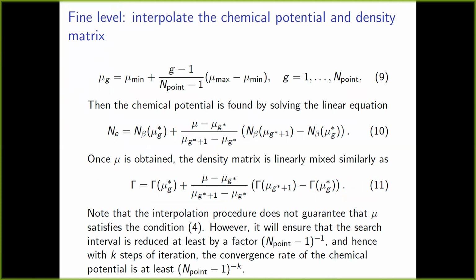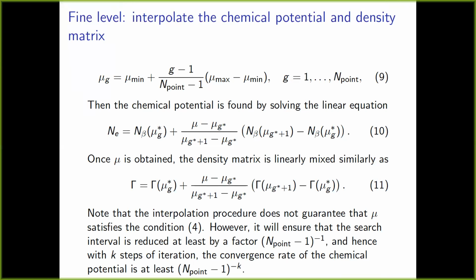Because we only do one PEXSI iteration in the current robust version of PEXSI, we need to do an interpolation of the chemical potential and density matrix, so that we get a correct chemical potential and density matrix.